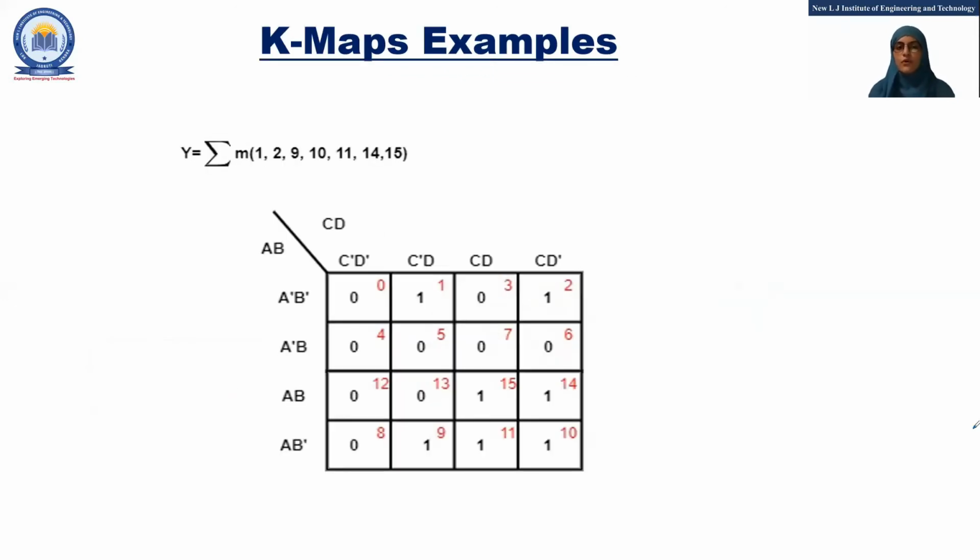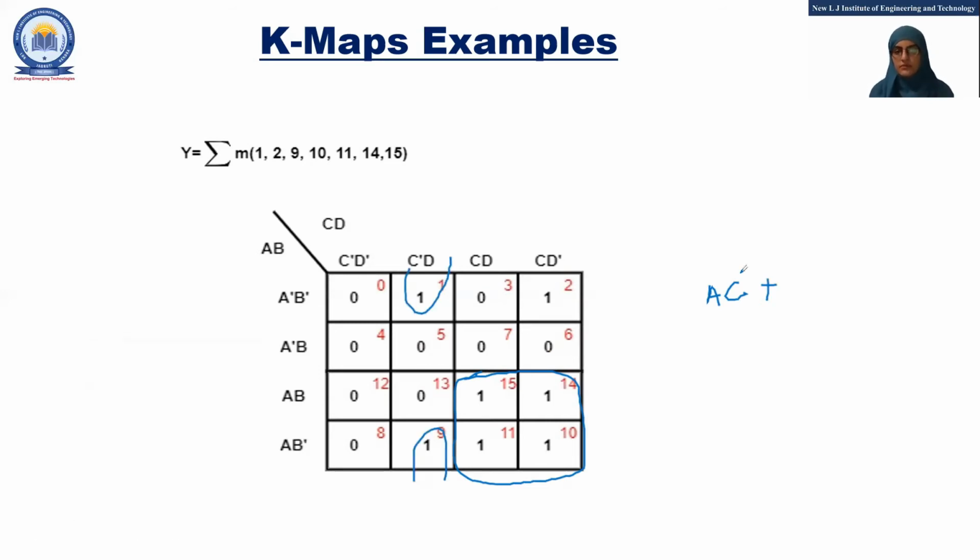Next is 4 variable K-map example. Here I've already filled the min terms in the K-map. So here we can see that we have to make chords or pairs or octets. So here one possible chord is this. Answer of this chord will be A, C. Same term in these two and same term in these two, A and C. Next we see that we can make this pair.